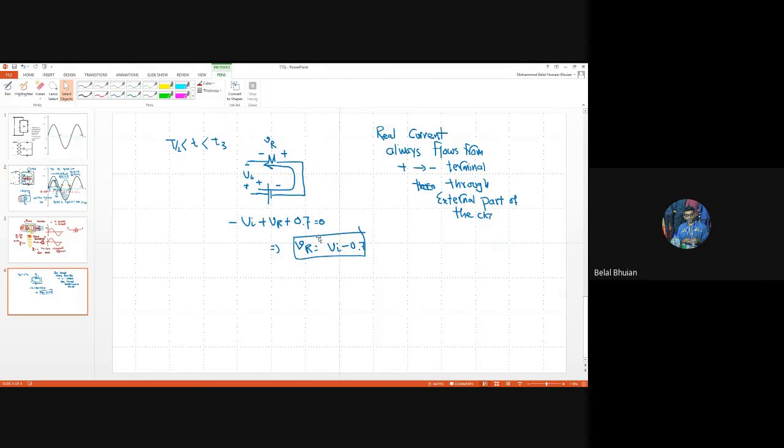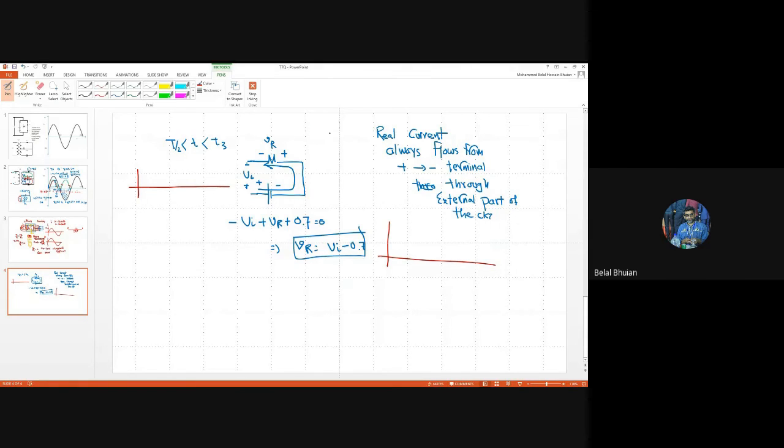Now that we have obtained the input output relationship, what is the difference between the full wave bridge rectifier circuit and the full wave rectifier with the center tap transformer? In the full wave bridge rectifier, we have 4 diodes.